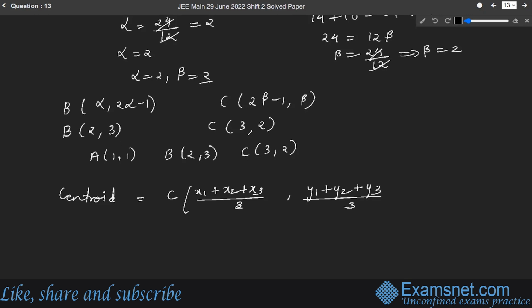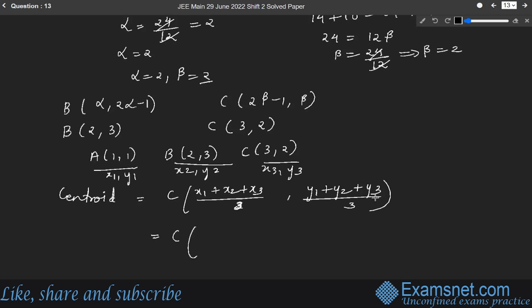Here we have three terms, that is why it will be divided by 3. Now, what is x1, x2, x3 and y1, y2, y3? Let us consider these points as x1, x2 and x3 and y1, y2 and y3, right?